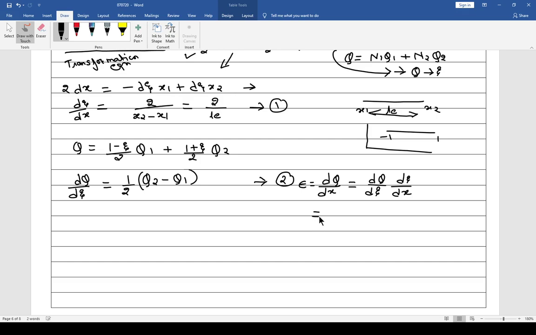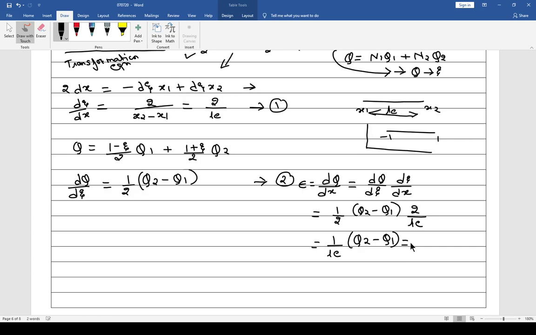Therefore this will be equal to dq by d xi, which is 1 by 2 (q2 minus q1), and d xi by dx, which is 2 by the length of an element. So this gives me 1 by le (q2 minus q1).